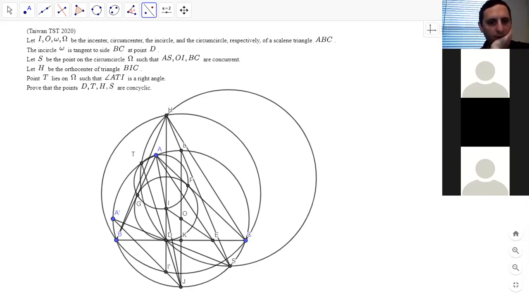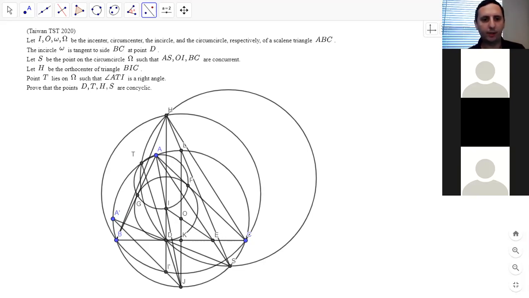So we want to show angle LSA. Hold on a sec. So we want to show LSA equals HIA. But LSA is LJA. Oh, wait a sec.